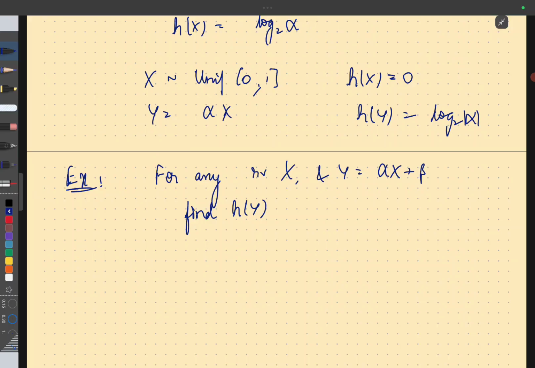This is just an affine map. It's invertible, but you'll see that you can get any value of h of y just by varying alpha and beta. Also, the important thing in this exercise is to see what happens when you shift the distribution and also when you scale the distribution. Each of these changes the differential entropy in a different way.